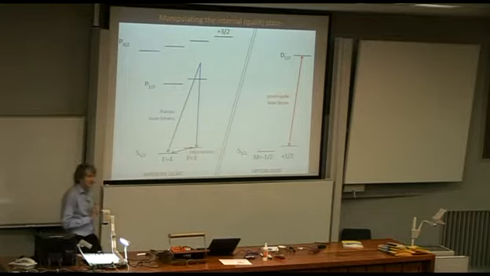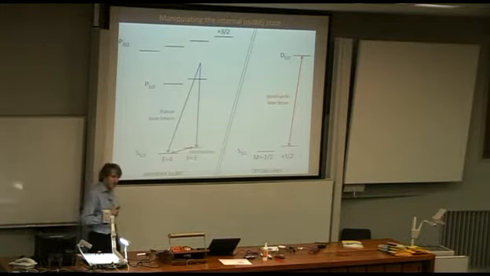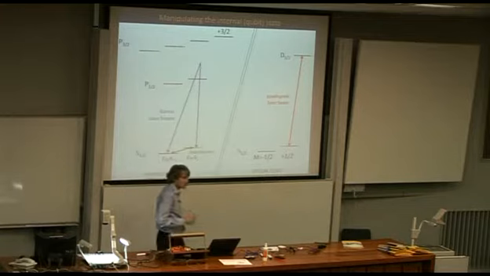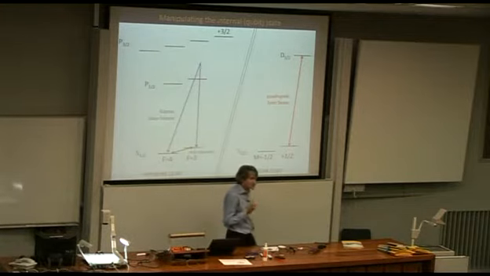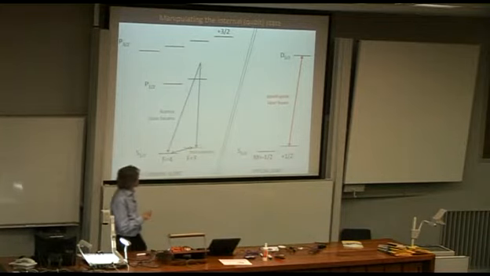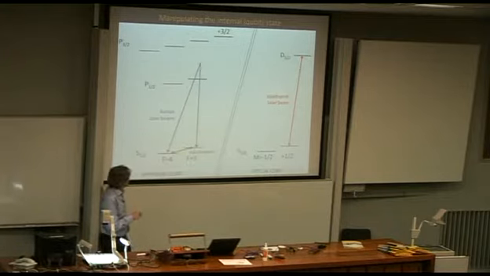Even though you're driving an effective transition which is very narrow, because there's no spontaneous decay between those two states, you only care about the difference frequency. In the lab, it's very easy to put on a very precise difference frequency, even if your laser is not very well stabilized in absolute frequency. So this is used very commonly to manipulate internal states.